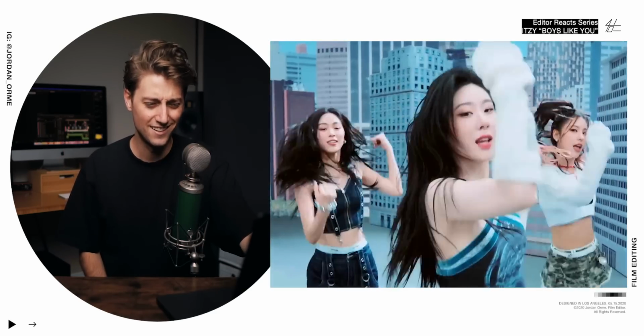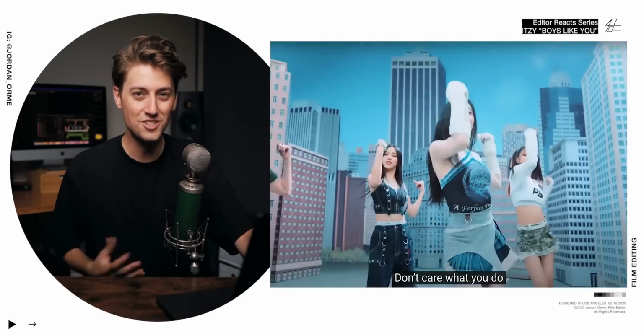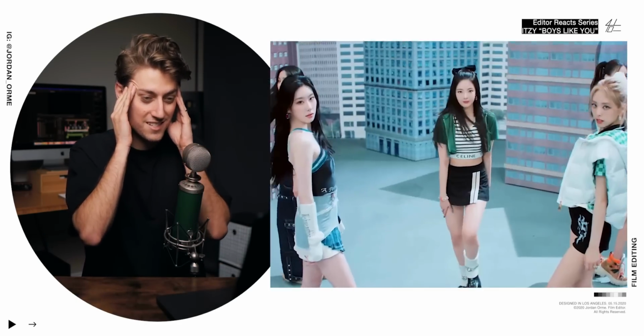Ooh! The camera shakes with this part? Yes. Oh, that one was so good, dude. I'm just geeking out over these little transitions. They're so hard to do because I had to do it myself. Oh, that's so sick.